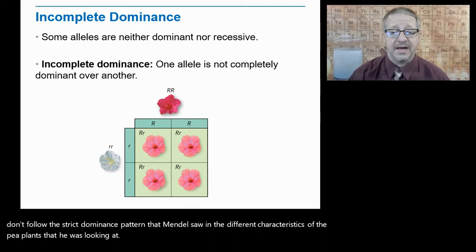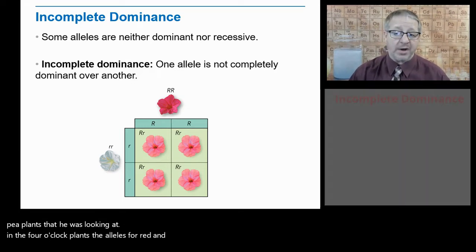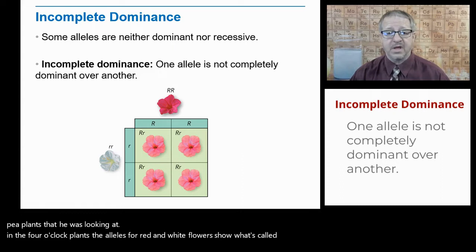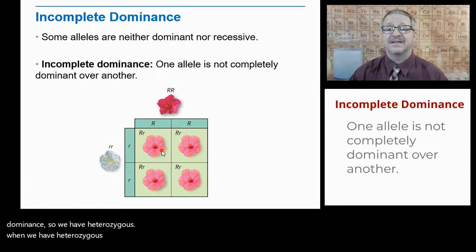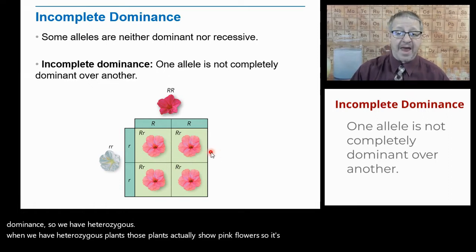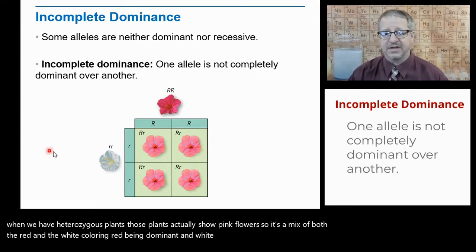In the four o'clock plants, the alleles for red and white flowers show what's called incomplete dominance. So when we have heterozygous plants, those plants actually show pink flowers. So it's a mix of both the red and the white coloring, red being dominant and white being for the recessive allele.